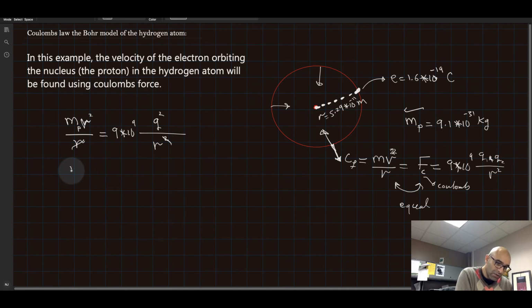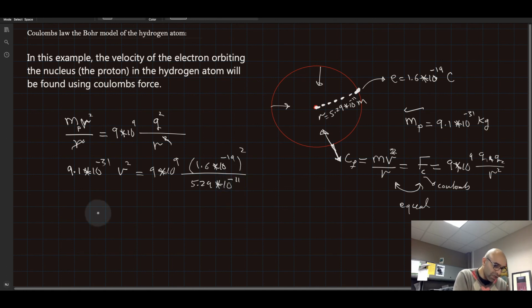Okay, so let's just plug in the numbers. So m is equal to 9.1 times 10 to minus 31 times the velocity squared is equal to 9 times 10 to the power 9 times q squared, which is 1.6 times 10 to minus 19 coulomb squared, divided by the radius, which is 5.29 times 10 to minus 11.